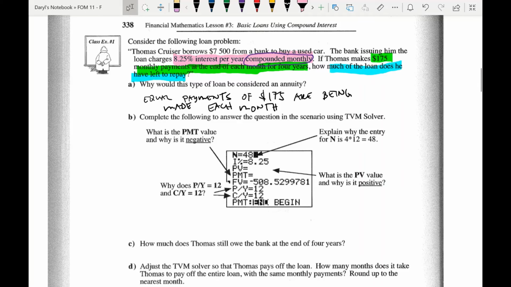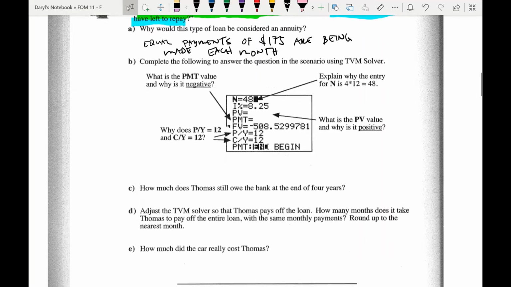We need to complete the following to answer the question using the TVM solver. Again, we're using the TI-84. If you have the TI-84 software that I gave you, you can use that one. The interface of such a calculator is shown here. This would be the one that you will be seeing.